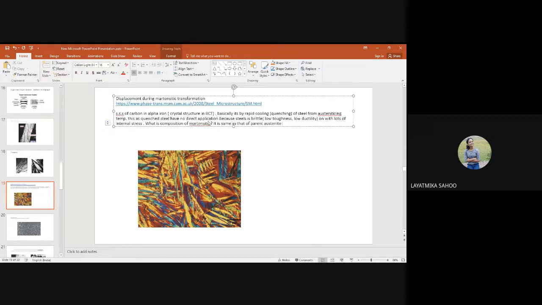What are you saying? I haven't told you anything about 0.7. Have I told you the composition of the initial steel? Then how can you say 0.7? Sir, pearlite. Just read what I have written.